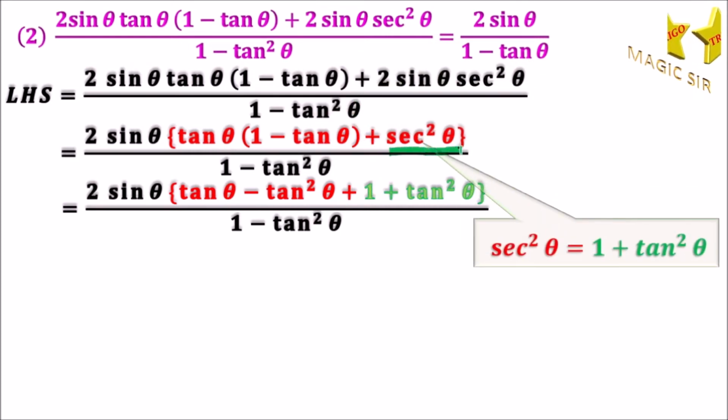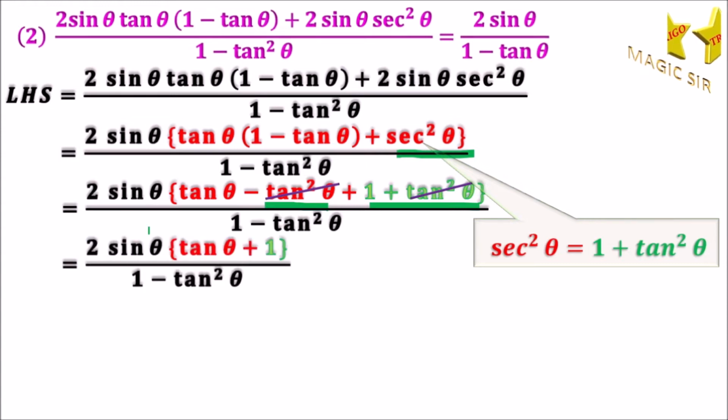We know that sec square theta is equal to 1 plus tan square theta. So we can replace sec square theta with 1 plus tan square theta, and the denominator remains as it is. Here negative tan square theta cancels with positive tan square theta.